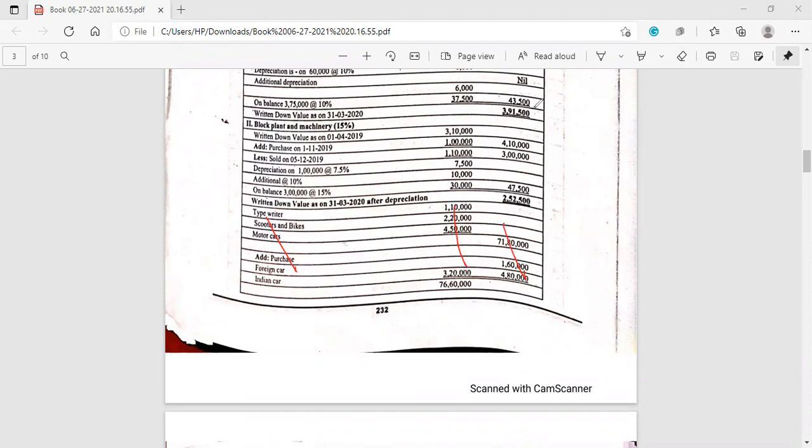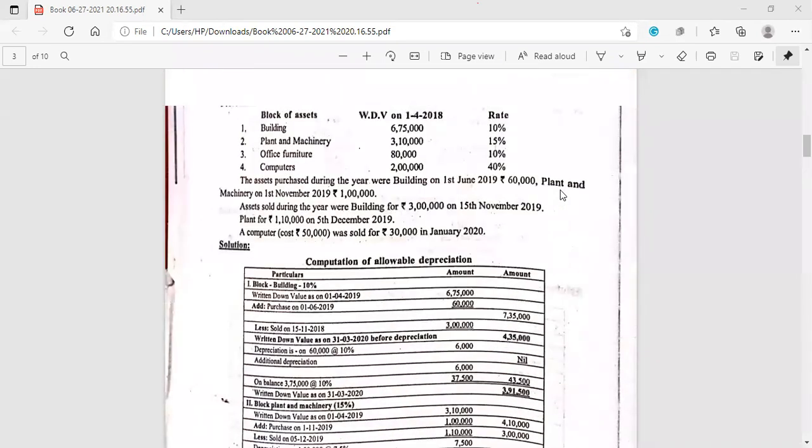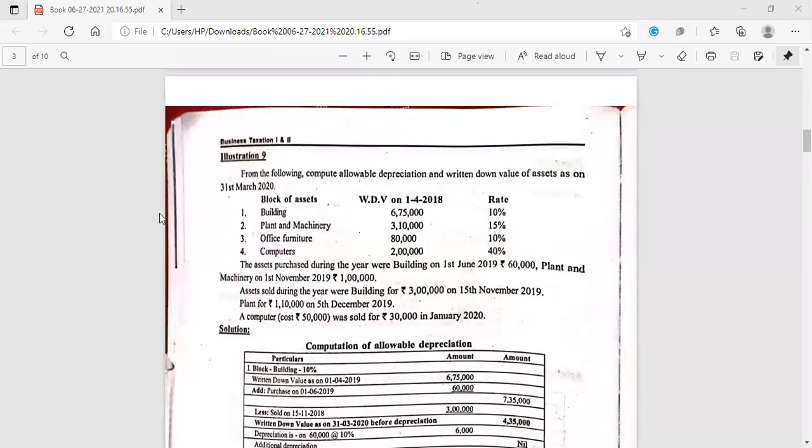Till 2,52,500, I hope you have written. Now we'll consider office furniture, the third block.